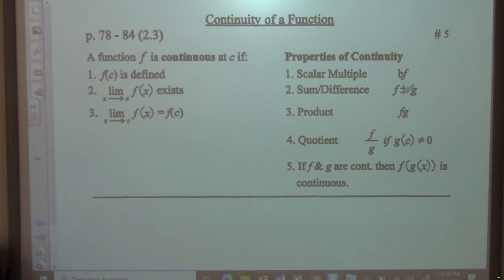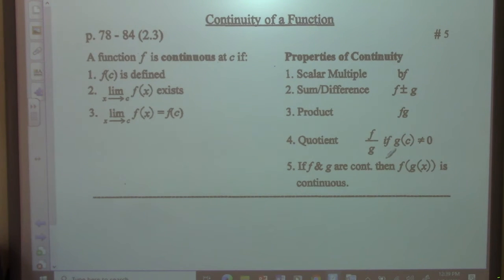So what it means is that if two functions are continuous, or if a function is continuous, you can multiply that by a scalar by a number, and that will still be a continuous function. If two functions are continuous, the sum or the difference of those functions is also going to be a continuous function. You can have the product of two functions that each one of which is continuous, you're going to have a continuous function.